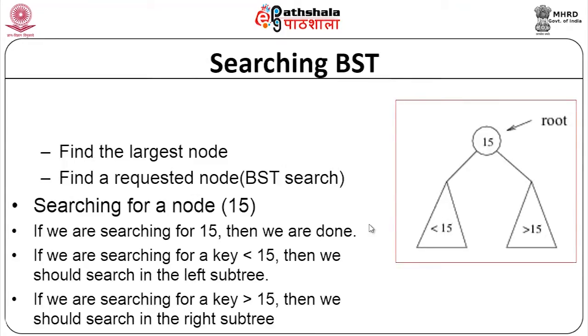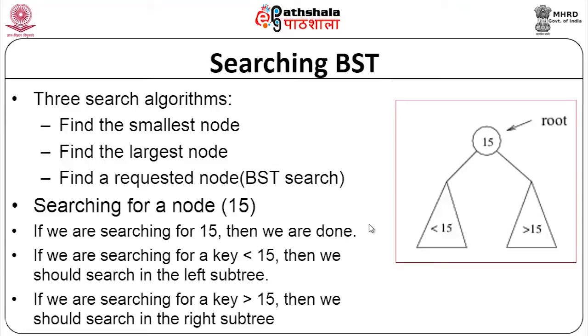Now, let us look at searching in a binary search tree. There are three search algorithms: finding the smallest node, finding the largest node, and finding the requested node, that is a particular node. Let us assume we want to search for a node 15. If it is the root node, then we are done. If we are searching for a key less than 15, then we should search in the left subtree.